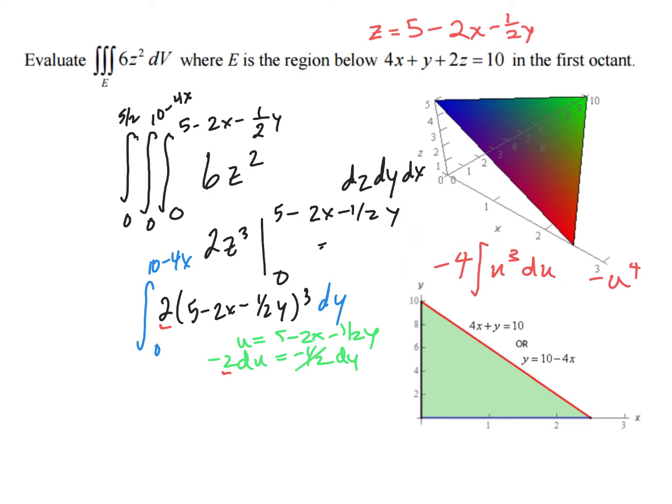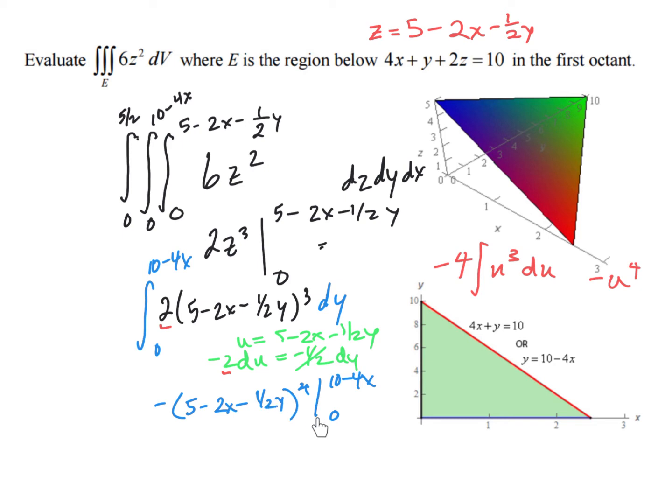So we end up with negative 5 minus 2x minus 1/2 y to the 4th, evaluated at 10 minus 4x and 0. Let's talk through this a little bit. If I plug in 10 minus 4x, I'd have 5 minus 2x minus 1/2 of this. Half of 10 minus 4x is 5 minus 2x, so you'd have 5 minus 2x minus 5 minus 2x, which is 0.